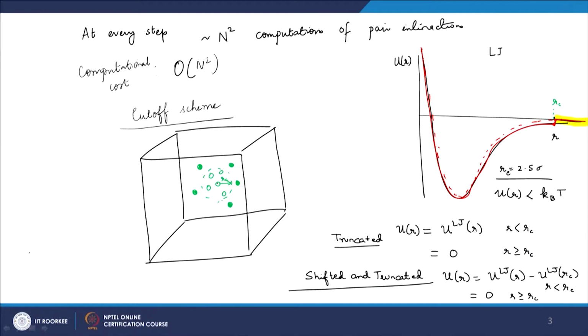Apart from cutting it off in this particular way, there are smarter ways of doing it, which I will not go into details of, but if you want to read up, there are more efficient schemes known as Verlet list, cell list. Okay, so that is one of the main things that we have to keep in mind if I want to make my Monte Carlo code very efficient.